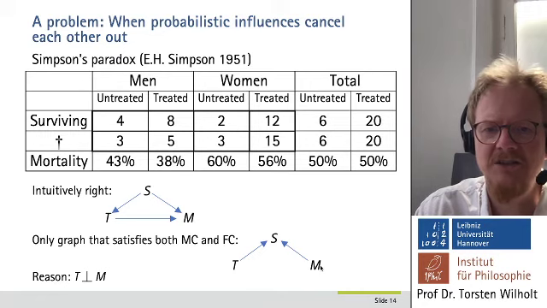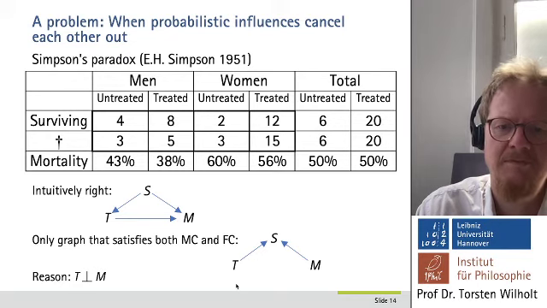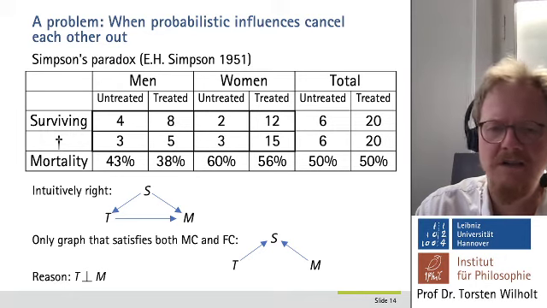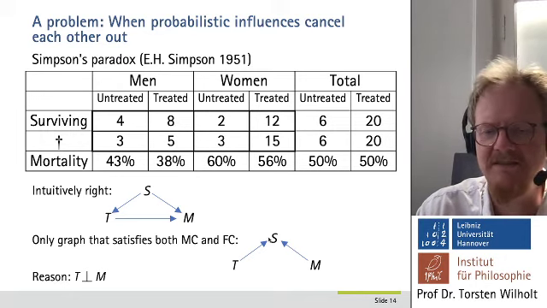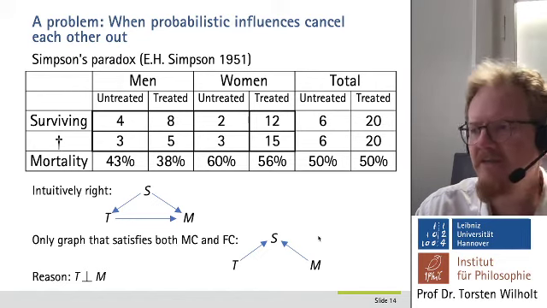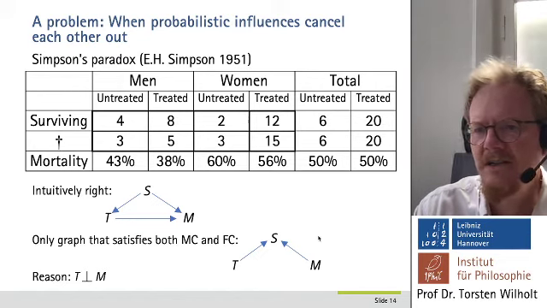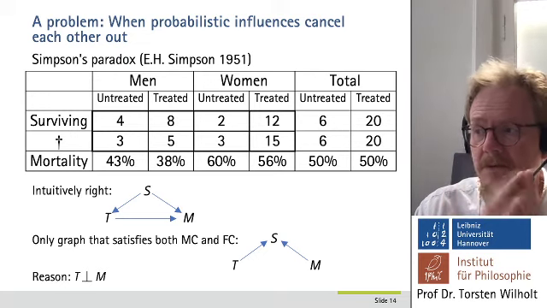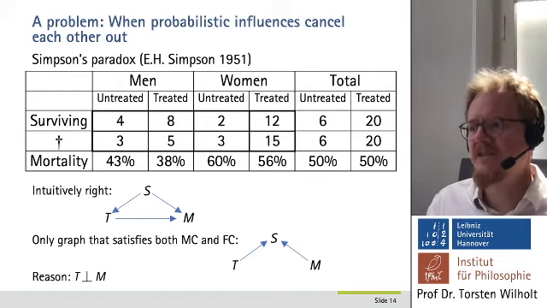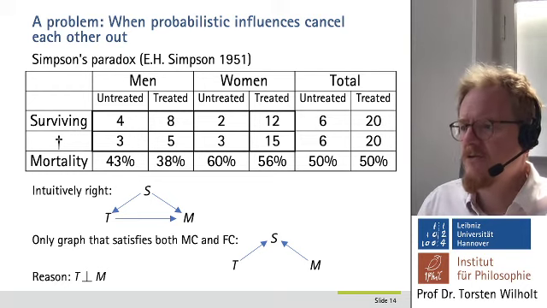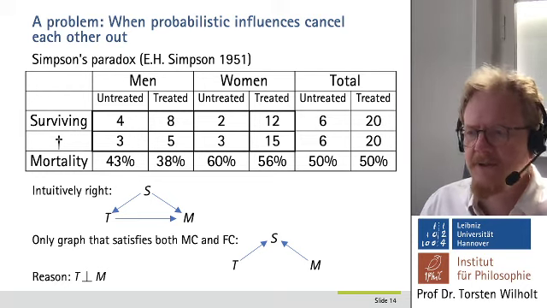And if they are unconditionally not correlated, then the faithfulness condition together with the Markov condition demands that this is the only structure that is allowed. So for these cases, the causal modeling approach seems to deliver wrong results.